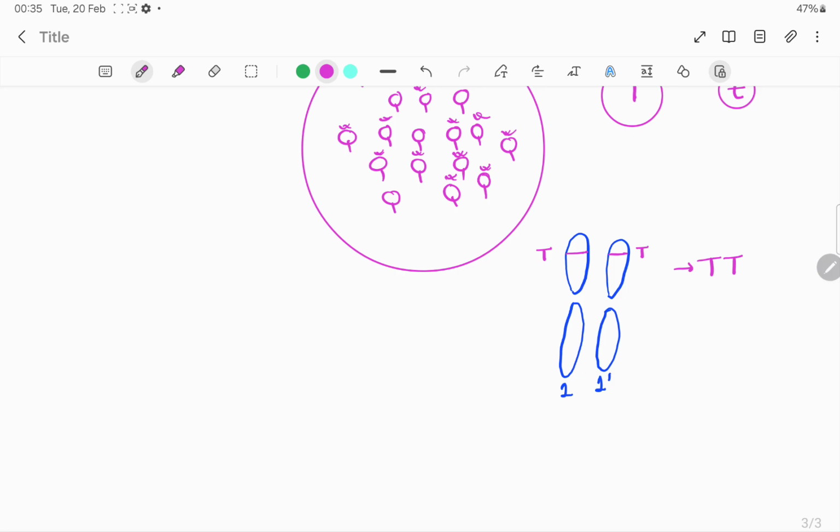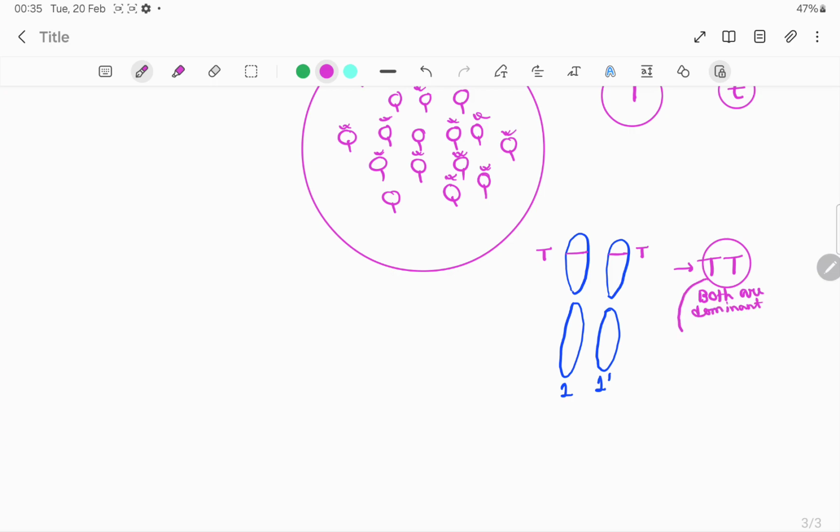Now here you can see that both the alleles are the same, both are dominant. That means both are the same type of allele.